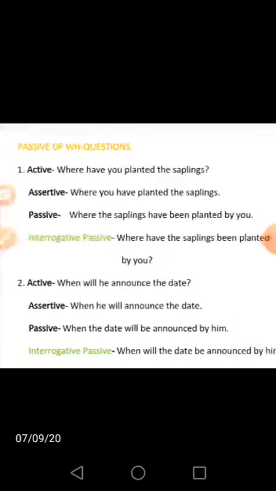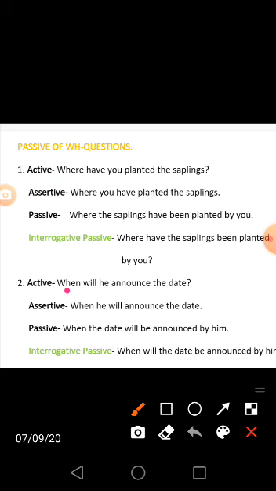Now let us come to the next example. The next example is, when will he announce the date? So what WH word is used here? When, and it is in active form. Okay, now let us change this to assertive. As I have told you, the WH word when will not change its position.